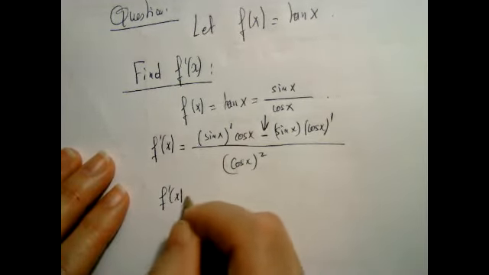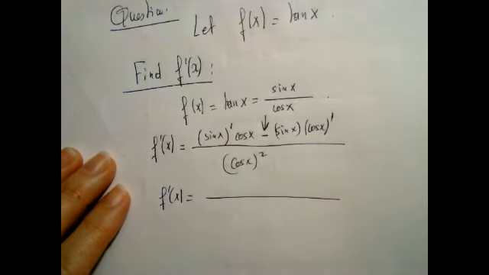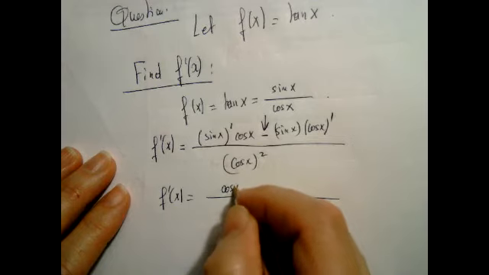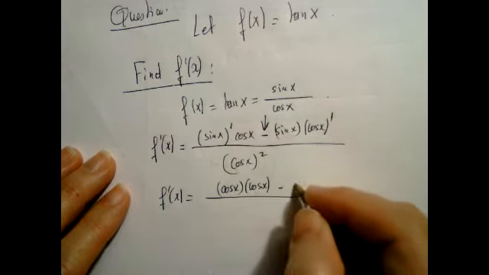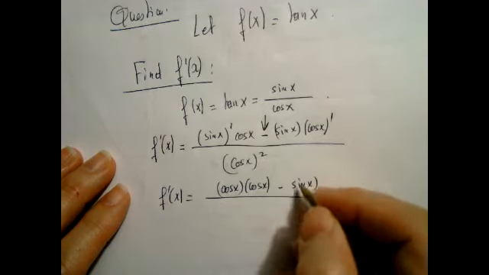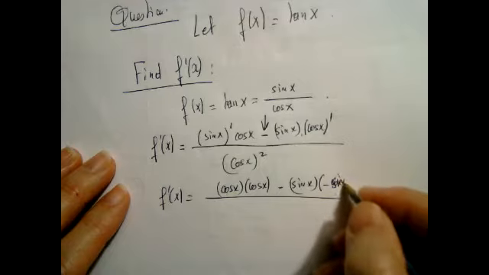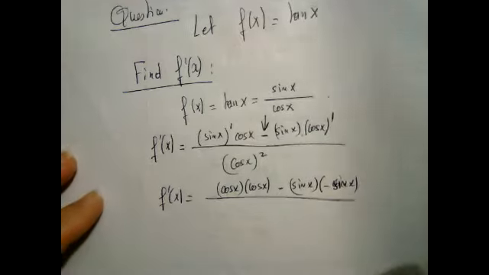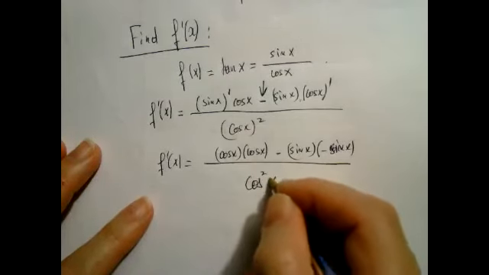So let us compute this. The derivative of sine is cosine times cosine minus the sine times the derivative of the cosine, which is minus the sine. Okay, and the whole thing divided by cosine square x.